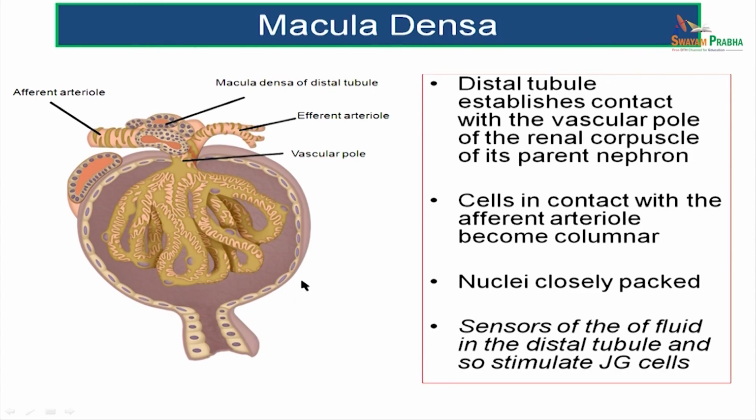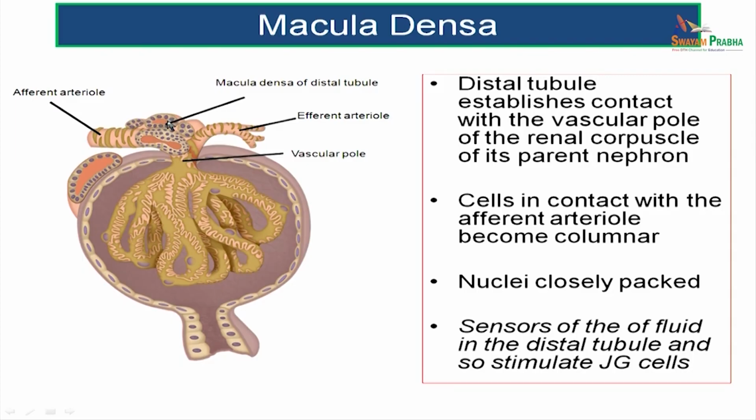As I have already mentioned, this is the renal corpuscle with its afferent arteriole and efferent arteriole, and this is the distal convoluted tubule, which is establishing contact with the vascular pole of the renal corpuscle of its parent nephron. This is DCT, this is the parent renal corpuscle.